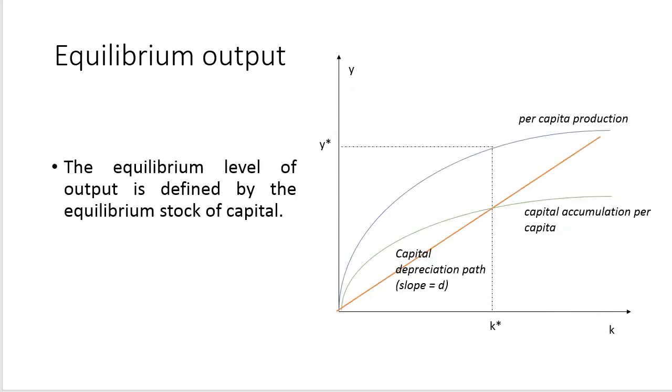So finally, you define equilibrium output as a function of the equilibrium stock of capital. So here you have the stock of capital, you go up until you reach the corresponding value of output, and here it is.